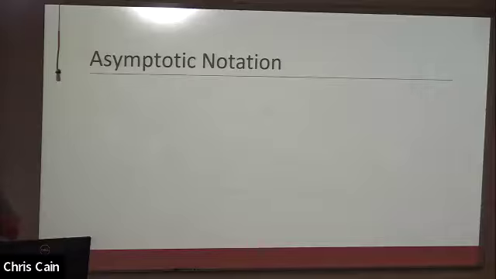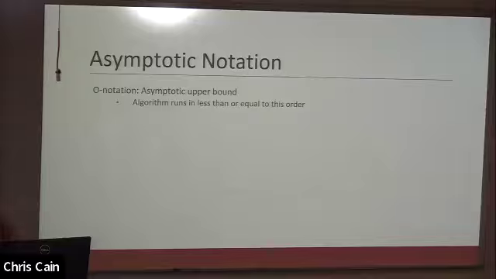Last piece of summary, we talked about worst case, which is our big O notation, gives us a mathematical asymptotic upper bound. We know for sure the algorithm runs in less than or equal to this asymptotic order. So if we say something like it is big O of n squared, there may be inputs for which this runs at a faster order.